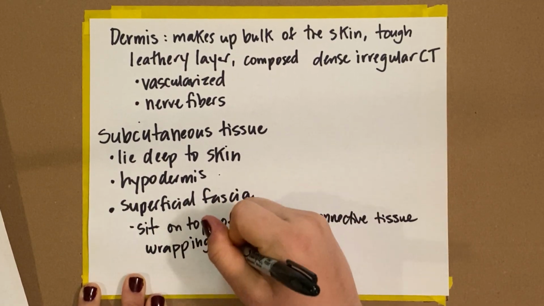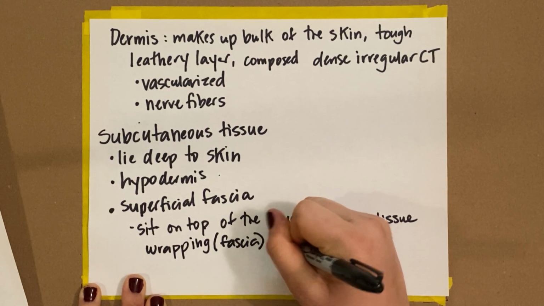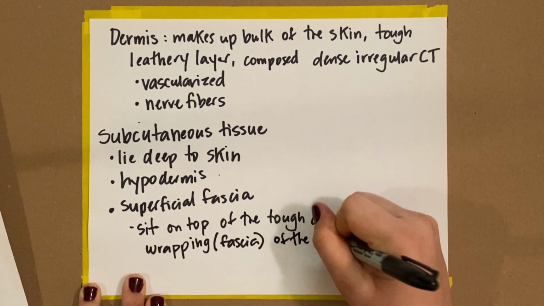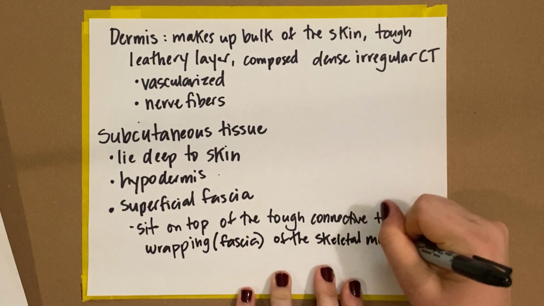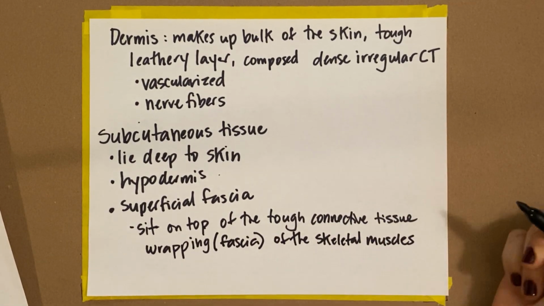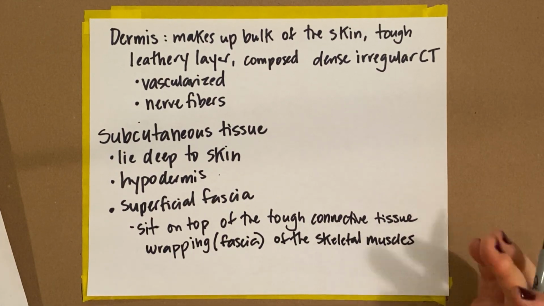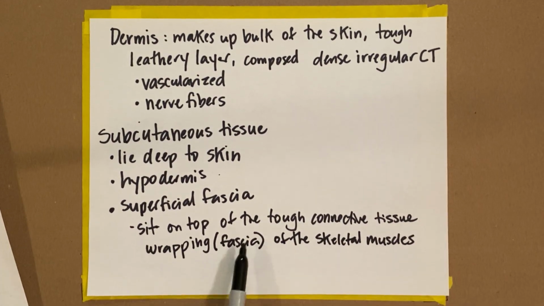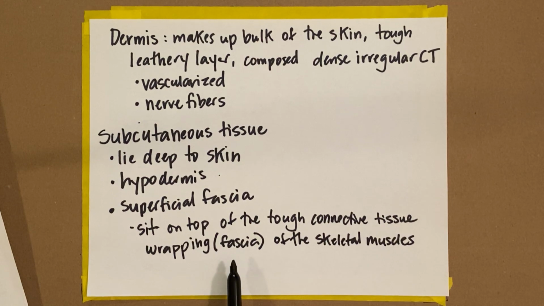Okay, and so that's the fascia of the skeletal muscles. So if you remember, we talked about how muscles have this outer structure surrounding the skeletal muscles. Well, that's another term, the fascia, and so the superficial fascia will actually sit on top of that.